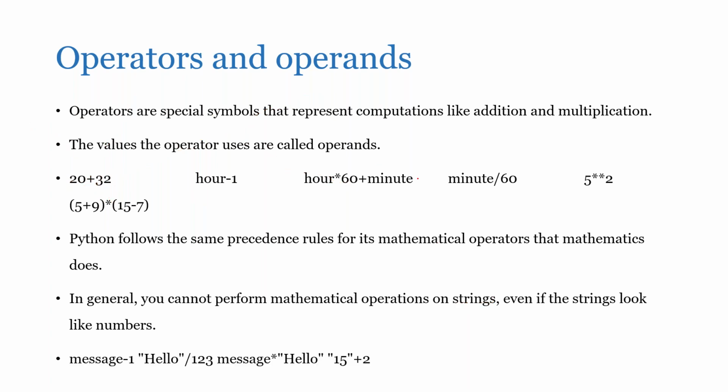If you type "hello world", or just "hello", and multiply it by 3, you will get hello 3 times. So you'll get something like this: hello, hello, hello.